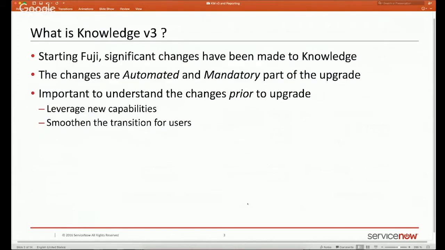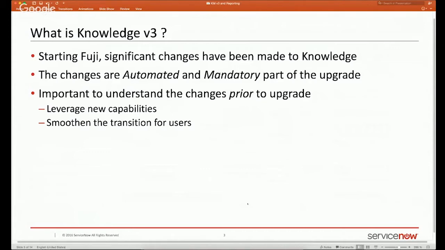So what is Knowledge V3? As you may have heard, starting the Fuji release, the knowledge application was changed quite significantly. And we'll talk about those changes in a bit, but the most important fact is that those changes are automated and are also mandatory as a part of the upgrade.